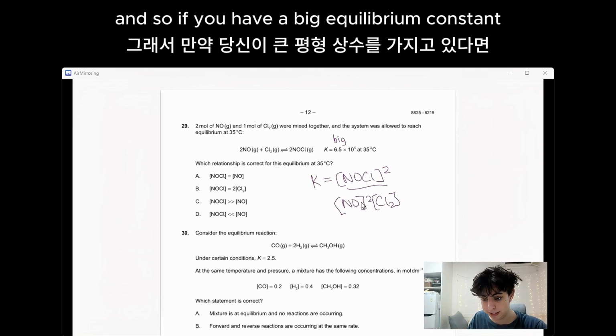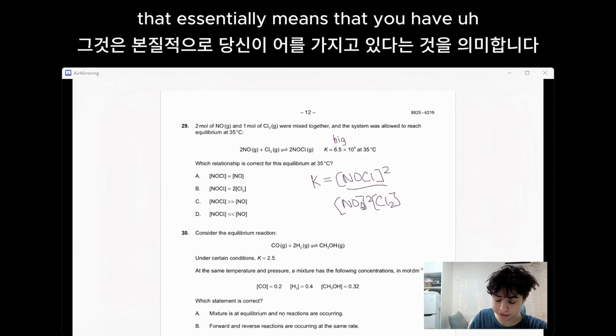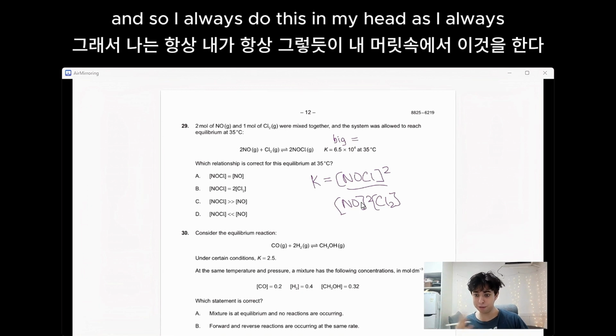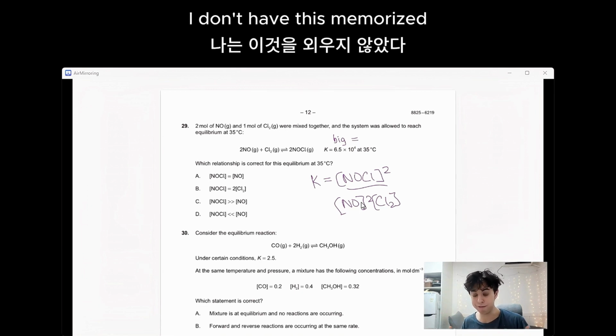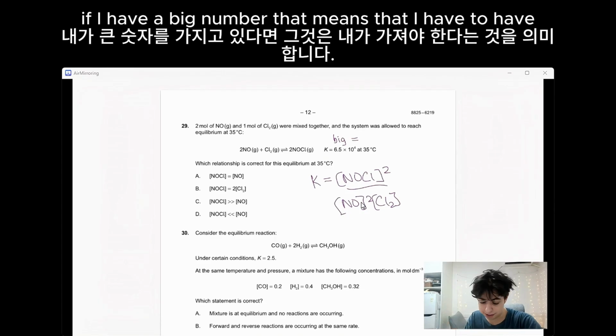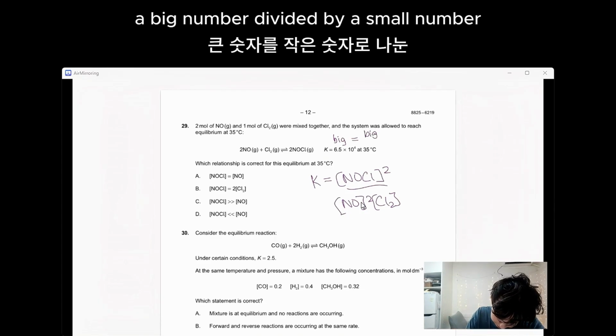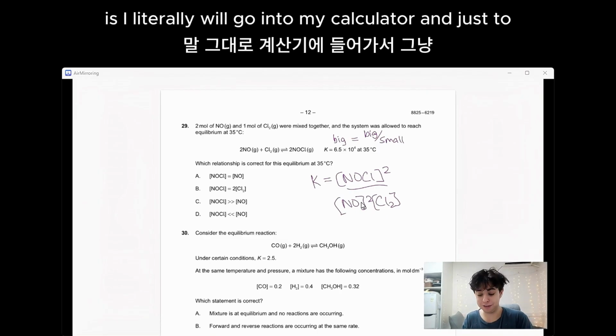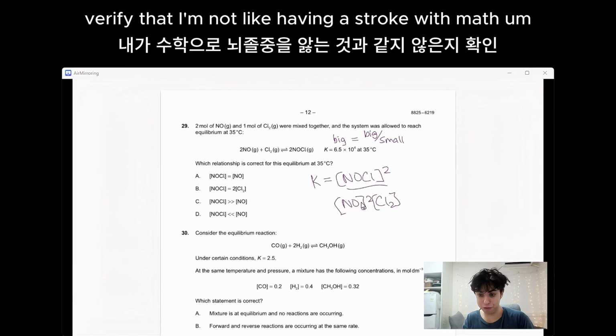If you have a big equilibrium constant, that essentially means you have some combination that equals a big number. I don't have this memorized. I go, okay, if I have a big number, that means I have a big number divided by a small number. And just because I'm paranoid, I would go into my calculator to verify that.